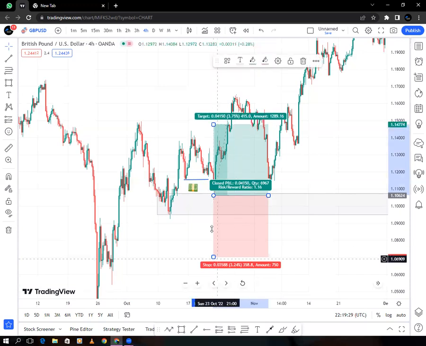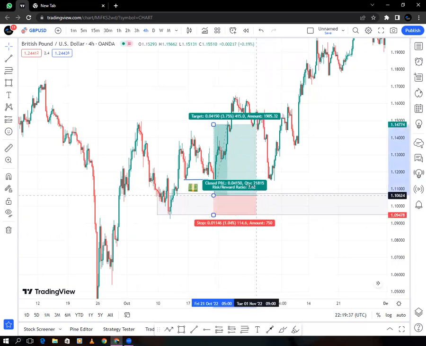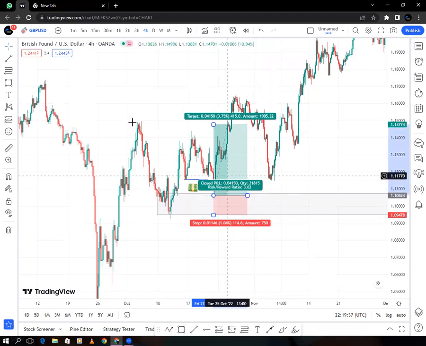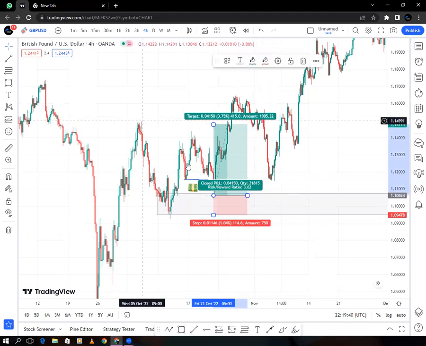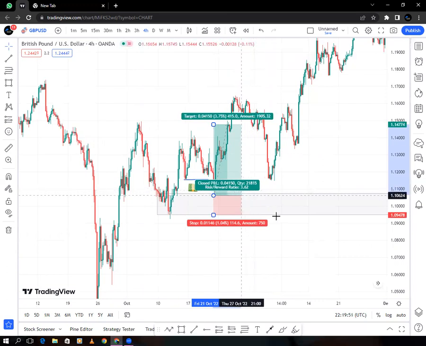To enter a trade here, we know very well we exit at the last high, which is our good trade, a 3 to 1 risk ratio.